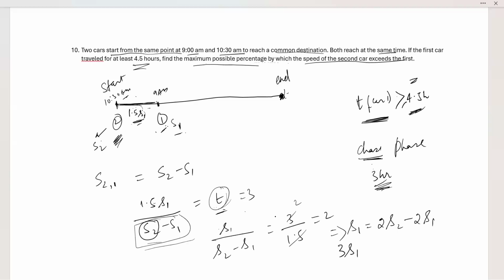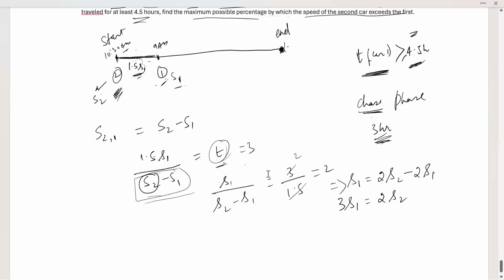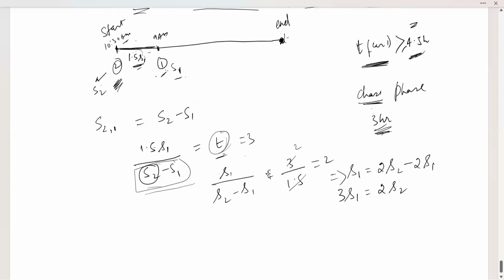So 3 S1 is equal to 2 S2. So S2 is equal to 3 by 2 S1.